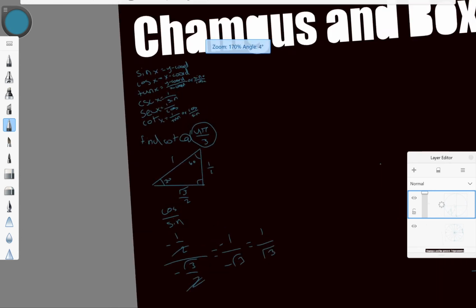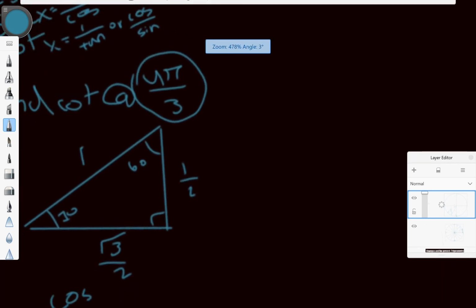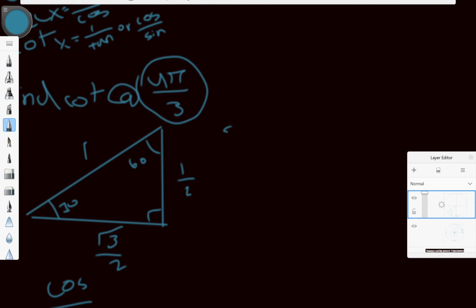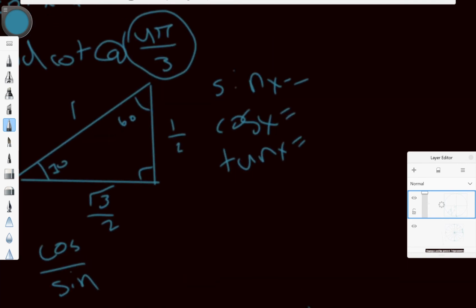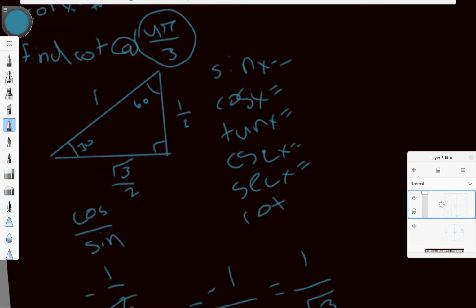Let's find all the values, shall we? Because it's very fast, right? Sine x equals, cosine x equals, tangent x equals, cosecant x equals, secant x equals, and cotangent x.